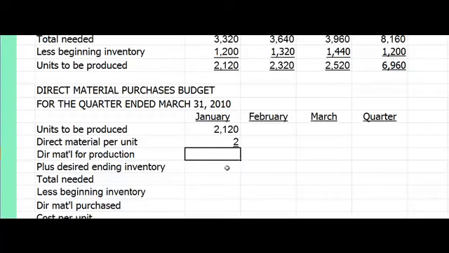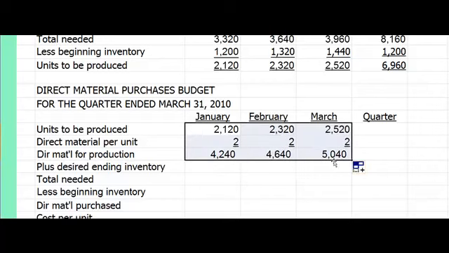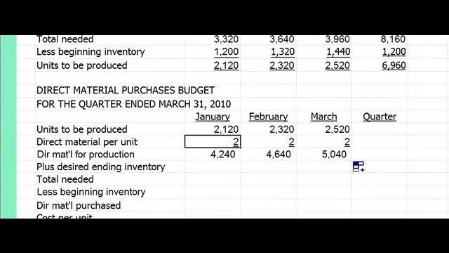Enter, and then direct materials that I'm going to need for the month are going to be my production times the number of pounds per unit. So I'm going to need 4,240 pounds. Now I can copy this across for the 3 months because I've used that dollar sign as my absolute cell reference.